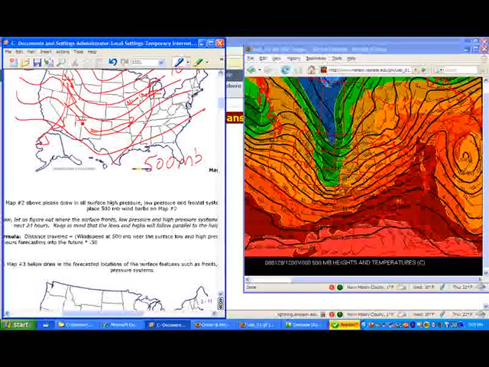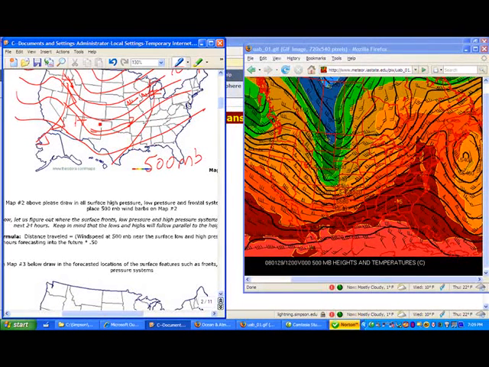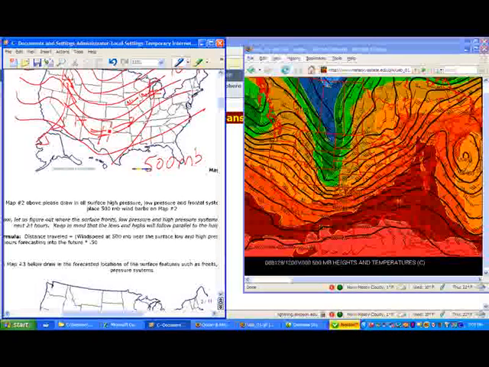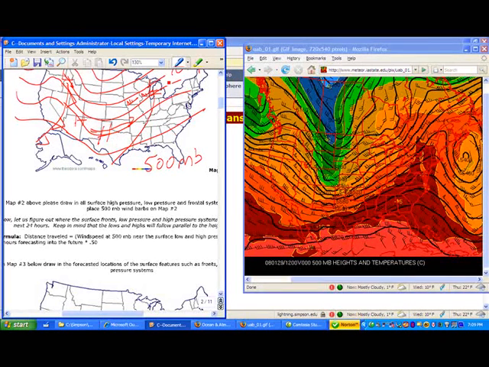So that surface high will move about 30 to 35 miles an hour times 11 hours into the future. So that would be 350, 385. So that will move a little bit further than the state of Iowa is from west to east. So the high pressure center should be sitting down into Texas by tomorrow.